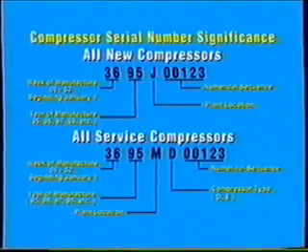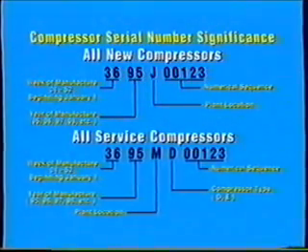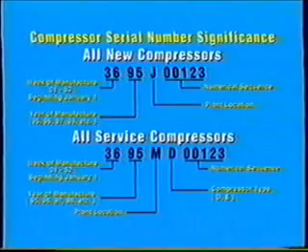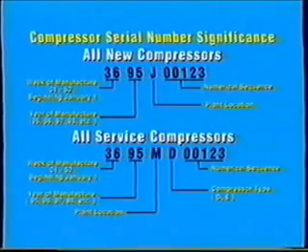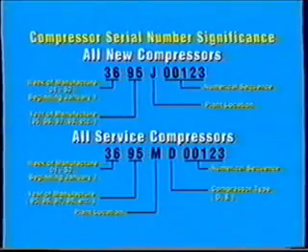In it, the first character, A through M, skipping L, indicates the month of manufacture beginning in January. The second character indicates the year of manufacture within the 1970 decade, that is, 73, 74, 75, and so on. The 3rd through 7th characters identified the numerical sequence of manufacture, similar to the current serial numbering system.